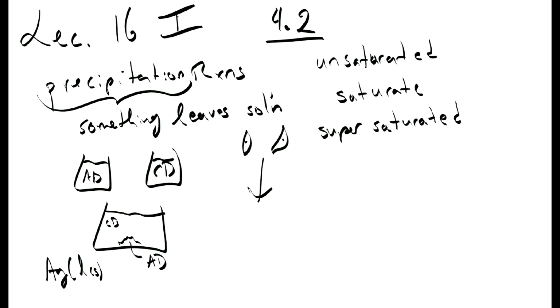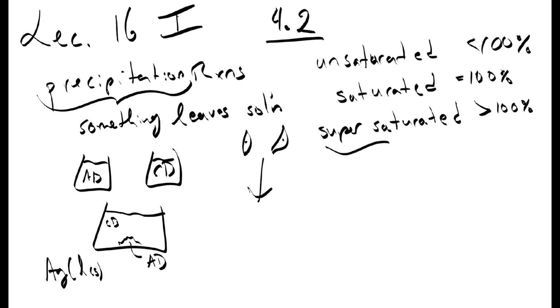So if it's unsaturated, that means that it has less than 100% of the maximum amount that can be dissolved. Okay? If it is saturated, then it is at 100%. And if it is supersaturated, then you guessed it, it has more than 100%. And yes, that is possible.